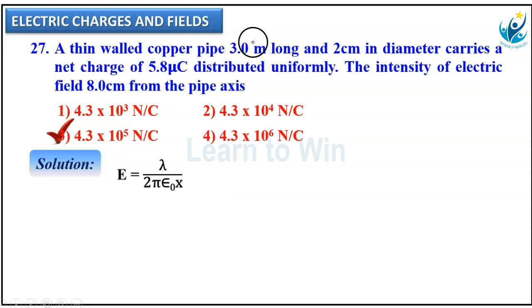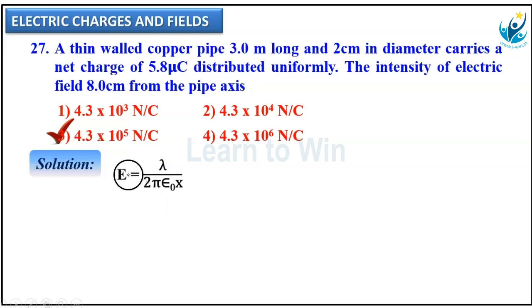Why? Because throughout the length of the copper pipe, 5.8 microcoulomb charge is distributed. From that copper pipe, at a distance of 8 centimeter, diameter is 2 centimeter. Now, at a distance of 8 centimeter means it is the outside of the pipe. At that point, we are going to find the electric field intensity.